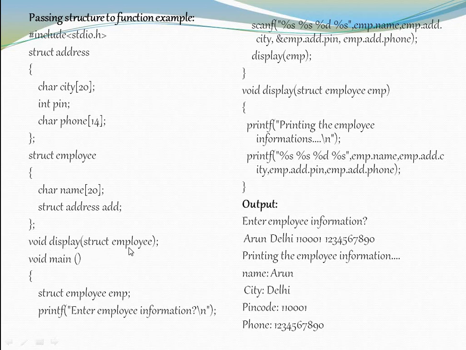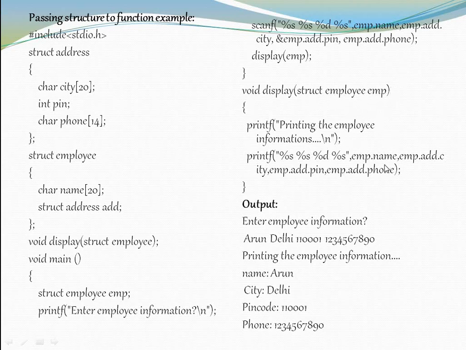void display(struct employee). In void main we are creating the variable name for the main structure. Now the information is asked to be entered. All the information is got by scanf, and it is passed to the function call. The function definition, defined outside of the main function, receives the structure variable, and it is stored in emp.